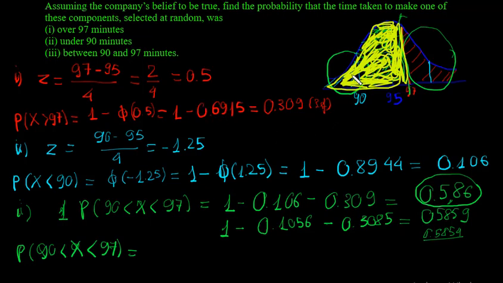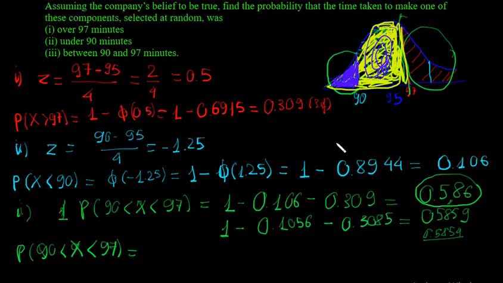But now we want to calculate this part, and we also have this area we calculated before. So taking the yellow area minus the blue area, we can find the area of this part.